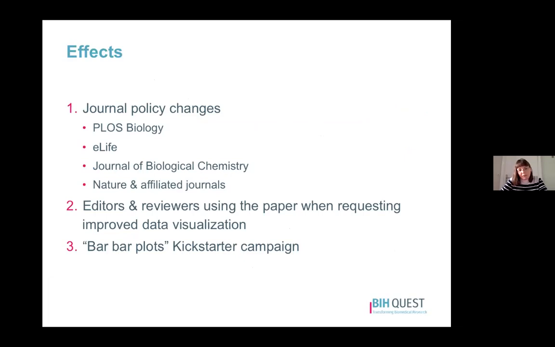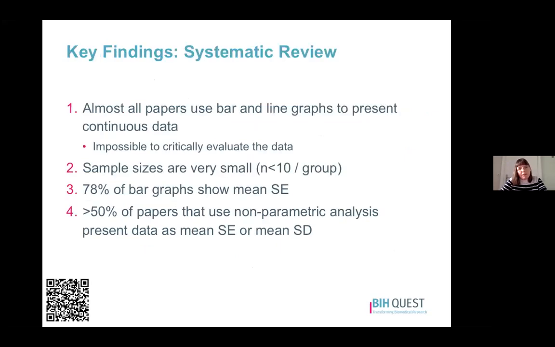We are also aware that a number of editors and reviewers use the paper when they're asking authors to improve their visualization during revision. And it was instrumental, I think, in launching the Bar Plots Kickstarter campaign, which was done by Christina Bergman and her colleagues.